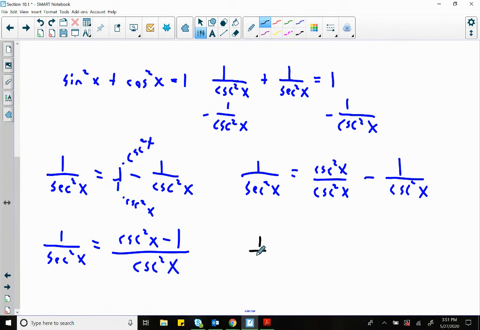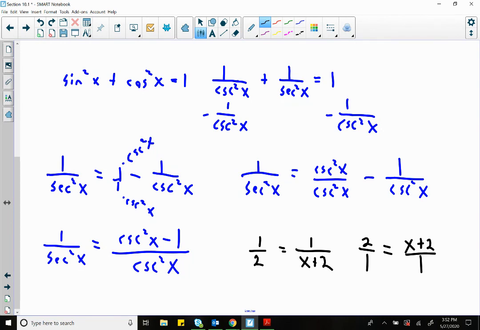If I had 1 over 2 equal to 1 over x plus 2, and I flip them, I will still have the same answer.